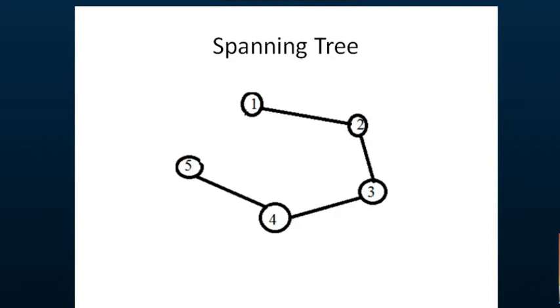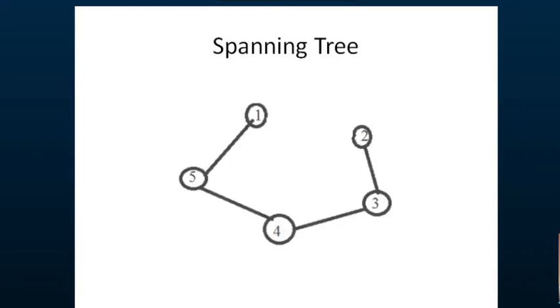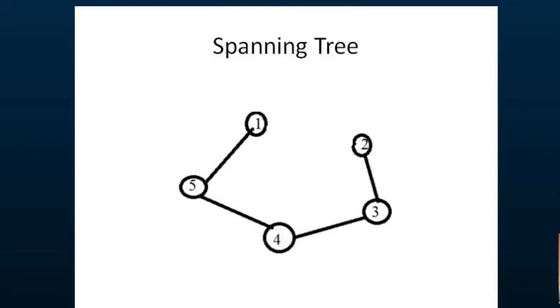By the definition of a spanning tree, this graph is a spanning tree since it contains all the vertices and it is not cyclic. That's why it is a spanning tree. Likewise, we can make the next spanning tree by eliminating this 1-2 edge. Okay, likewise, how many spanning trees can we form?